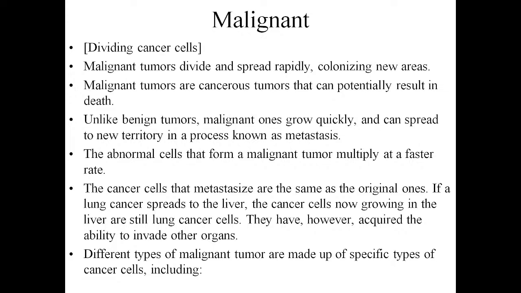The abnormal cells that form a malignant tumor multiply at a faster rate. The cancer cells that metastasize are the same as the original ones.